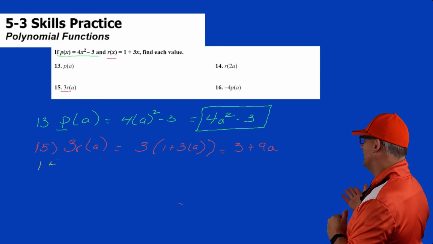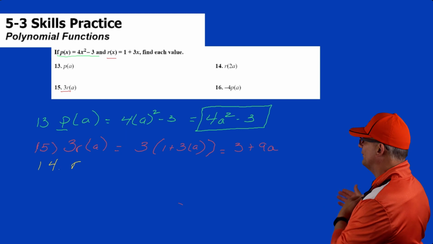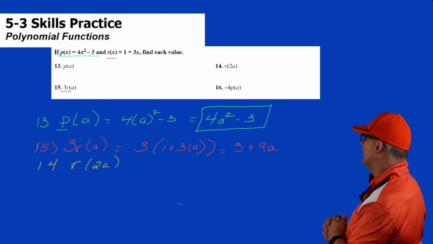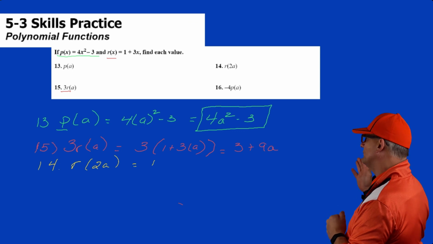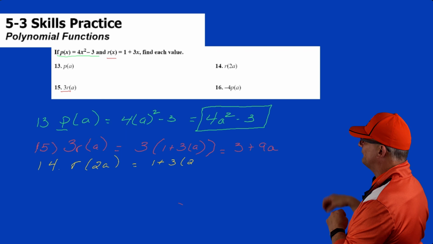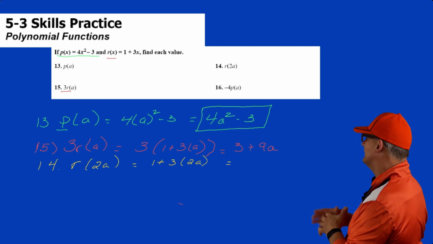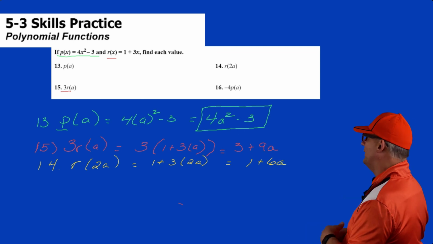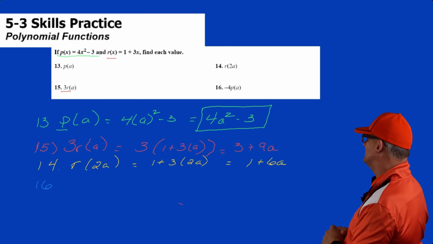Well, 3 times 1 is 3, 3 times 3 is 9, you get 3 plus 9a. 14, R2a, right? So when it's R2a, they want us to use the 1 plus 3x to substitute in 2a. So 1 plus 3, parentheses 2a, you get 1 plus 6a. Pretty straightforward.